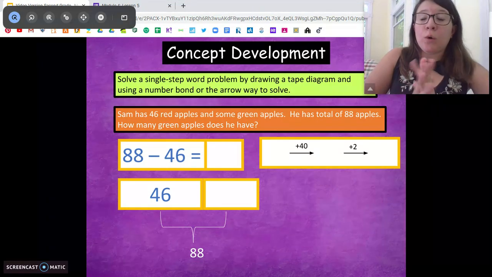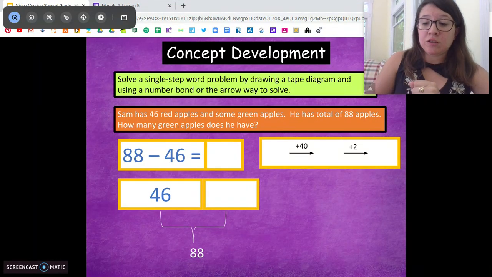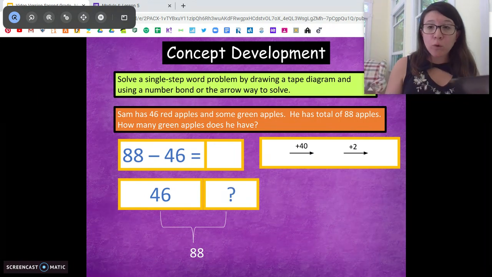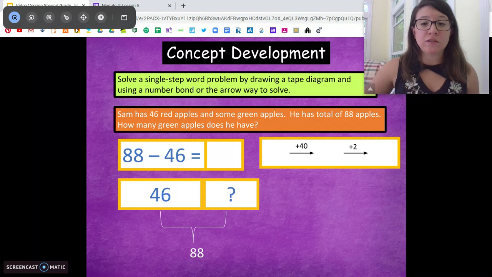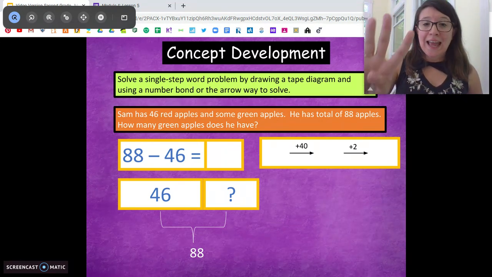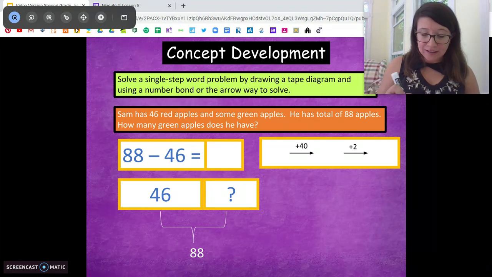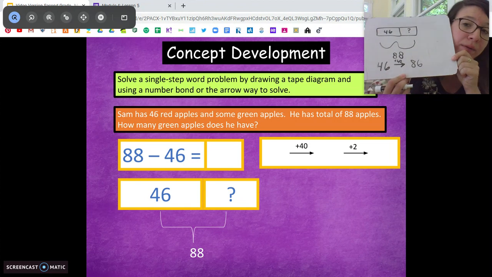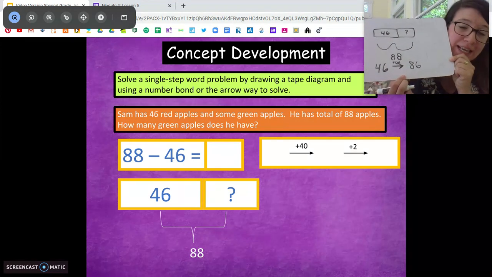Okay, so when we do the arrow way, we're going to start at 46. We can jump 40. From there, we can jump 4 tens. So 46, 56, 66, 76, 86. We're at 86. We jumped 40. Okay, now how many more do we need to get from 86 to 88?